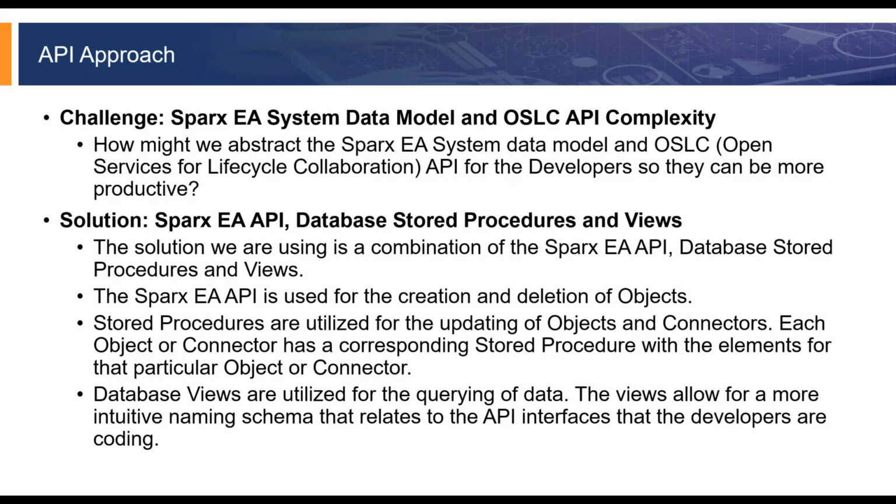The wrapper API then, in turn, will handle logging into the Sparx EA system, doing the token request, formatting that data into the proper formats and structures that the API call to Sparx requires, and then the actual execution and checking the response codes. By doing that, once again, we're able to abstract a lot from the developers. All they need to know is, I want to create object X.